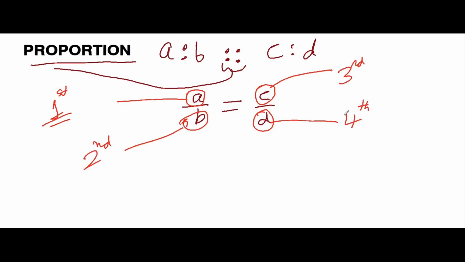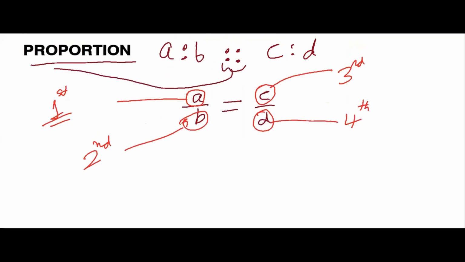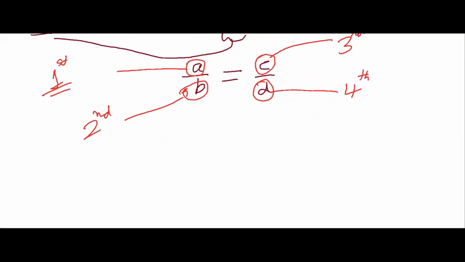There are certain cases where you will not get a fourth proportional at all. You will only get A, B, and C. There are only three terms. Those are A divided by B is equal to B divided by C. How many terms can you see here?